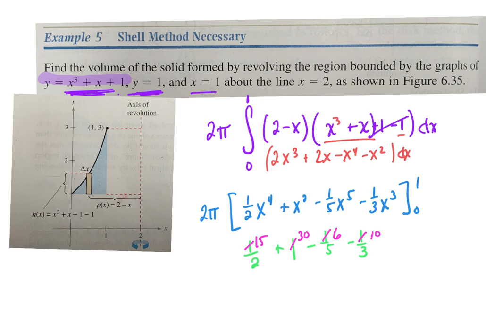So I have 45 minus 16. Yeah, that's right. No, 30. That's right. All right. So 2 pi, 29 over 30.